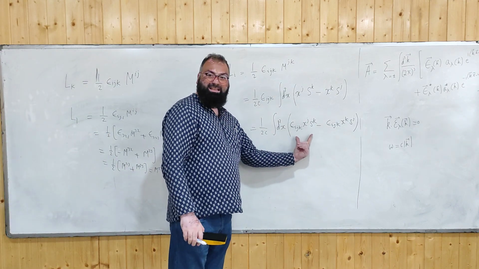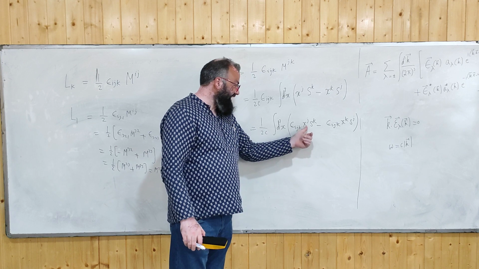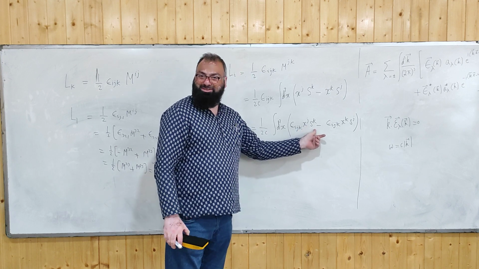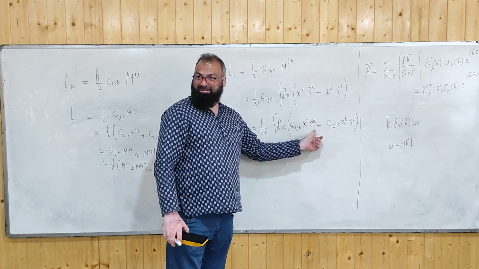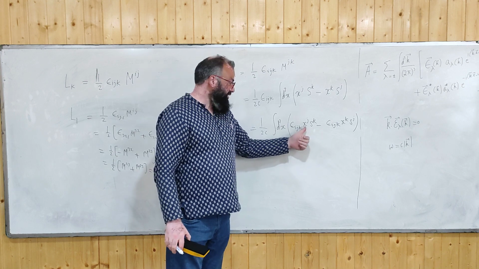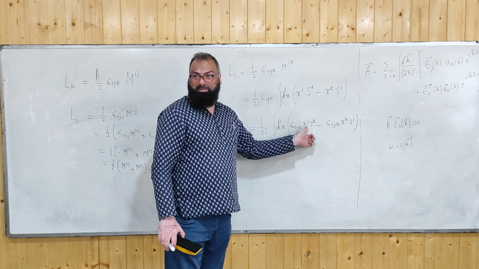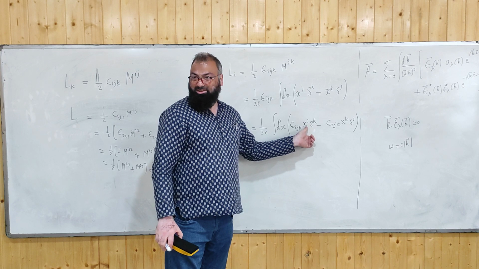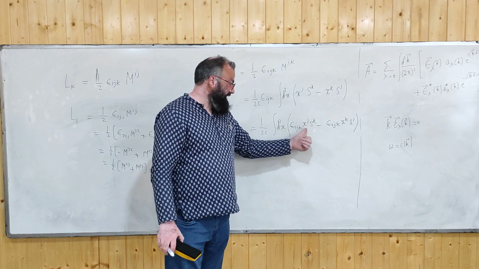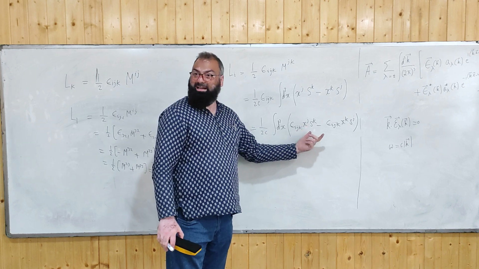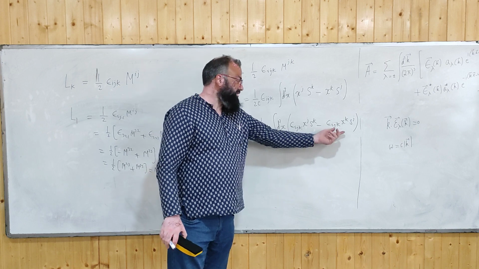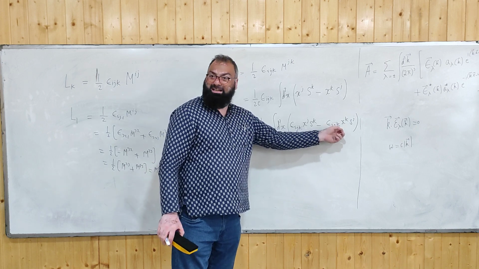Can you tell me? Epsilon_ijk x_j s_k. What is this object? Anybody? It's simply a cross product. x_j means the jth component of the r vector, so it is simply the cross product between r and s. And this also is the cross product between r and s.